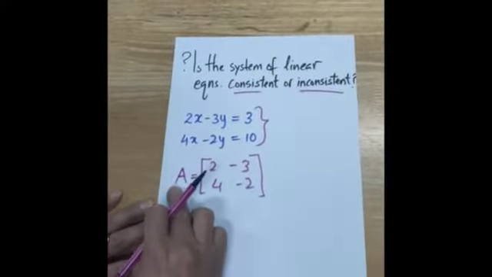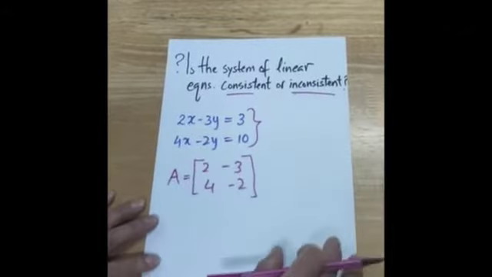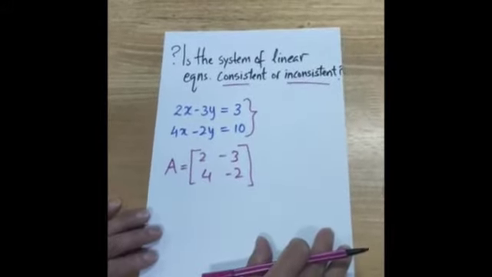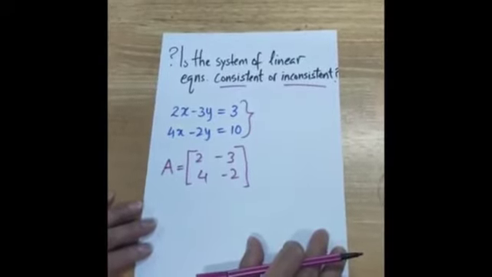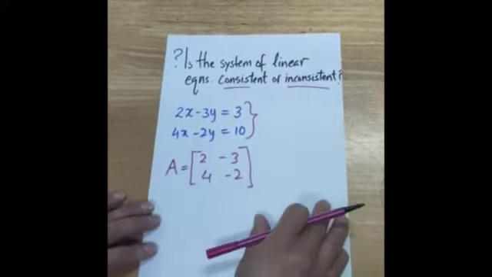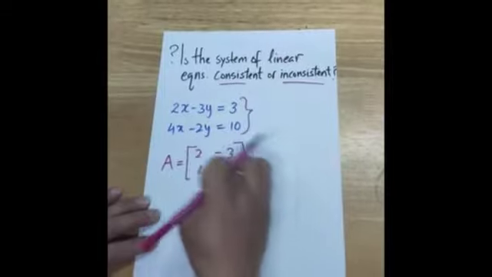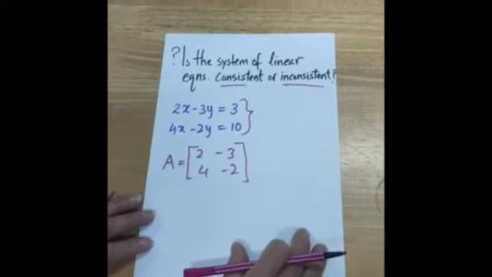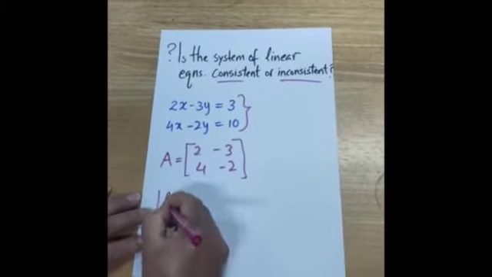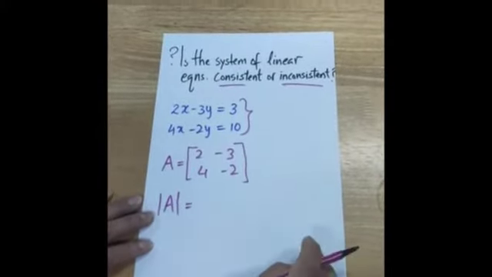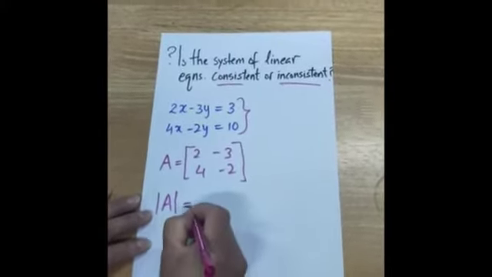As you know, the matrix A is the coefficient of the linear equations. Now, going by the conditions for testing consistency, you have to find the determinant of this coefficient matrix A.